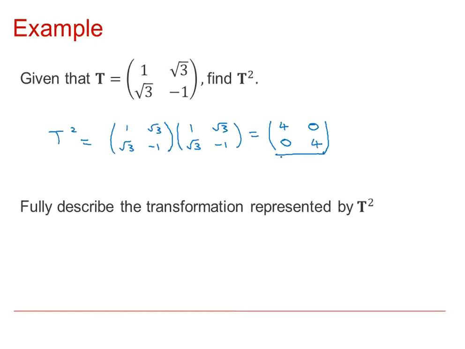I can tell by looking at that answer, describe it fully, this is an enlargement. So it's been stretched in both directions by the same scale factor, so it's an enlargement with a scale factor 4.